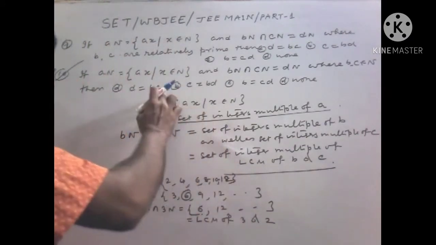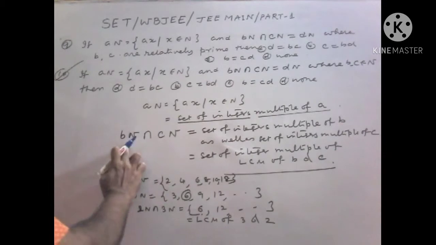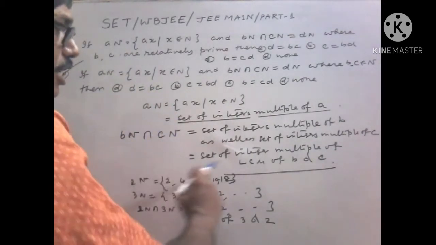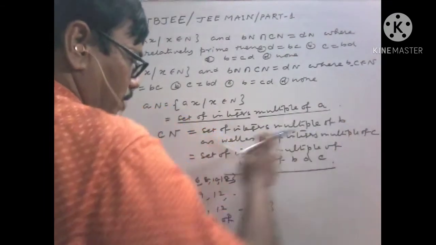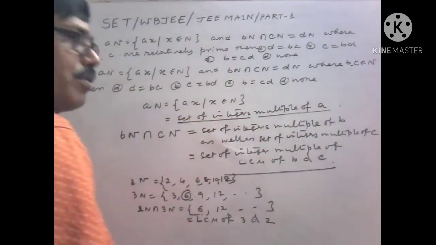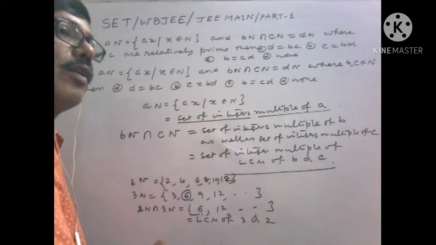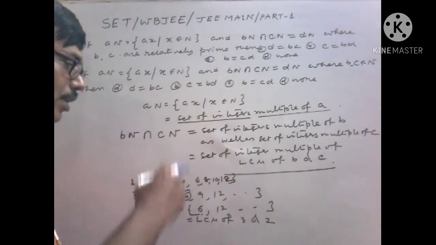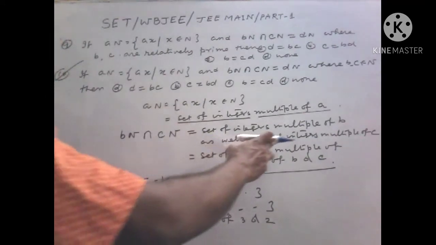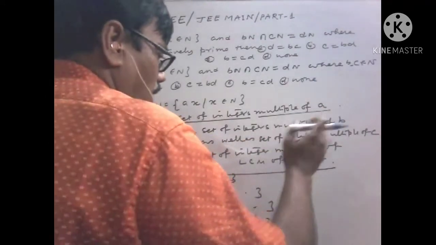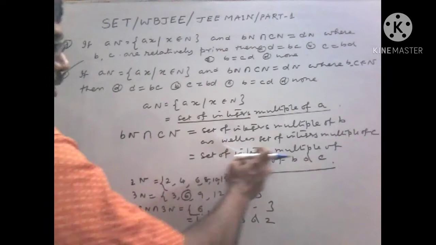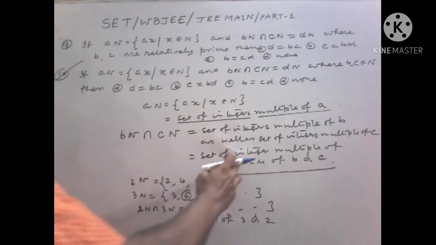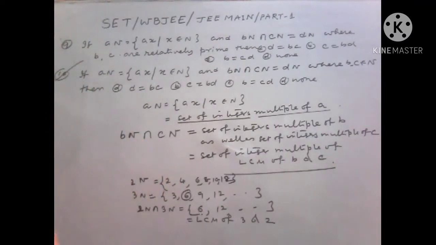Come to our original problem. Bn intersection Cn is the set of integers that are multiples of b as well as multiples of c. That is the set of integers that are multiples of the LCM of b and c.